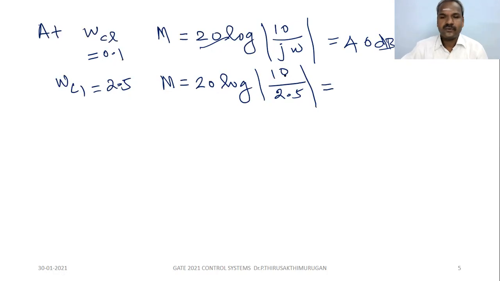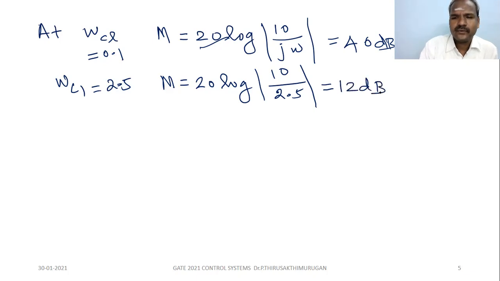What is that value? 4. Log 4, please calculate log of 4, into 20. So 12 dB. So the magnitude at 2.5 is 12 dB.